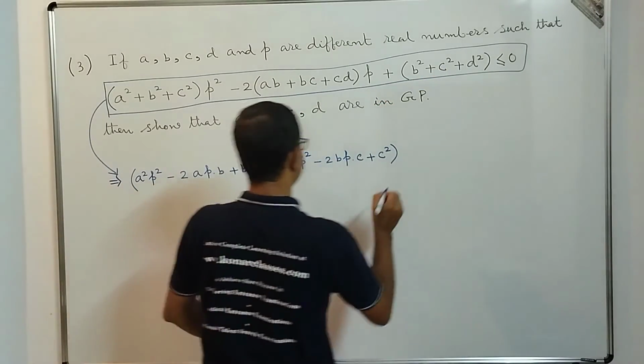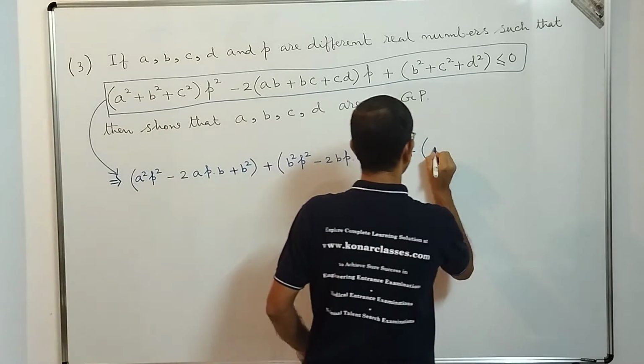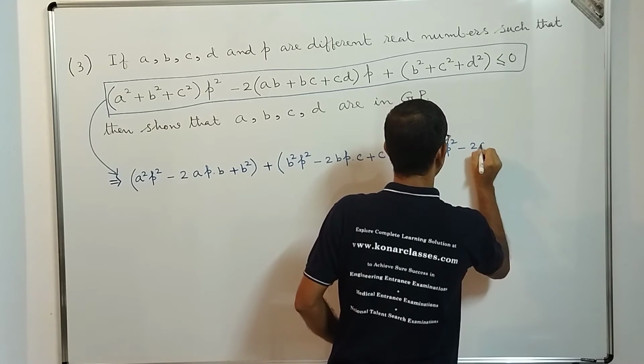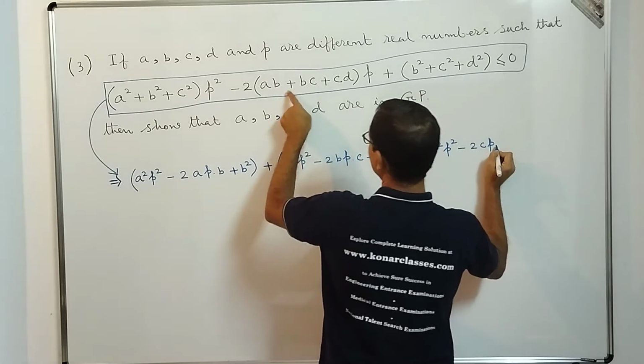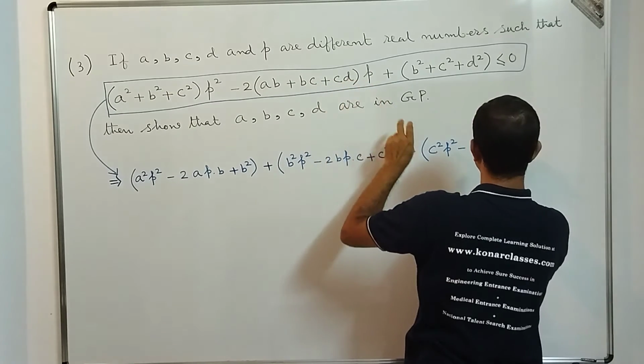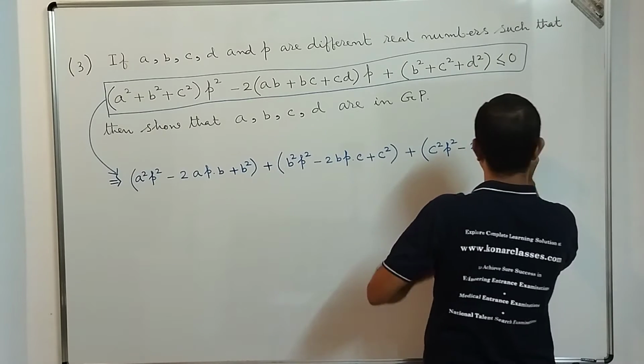In the similar manner, we can write C square P square minus 2 into CP into D, and from here I take D square.